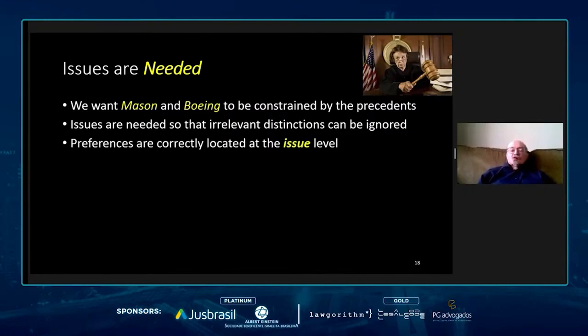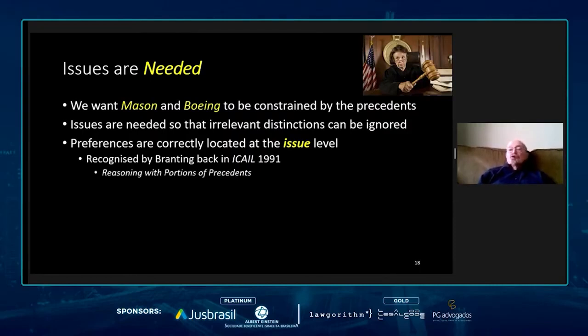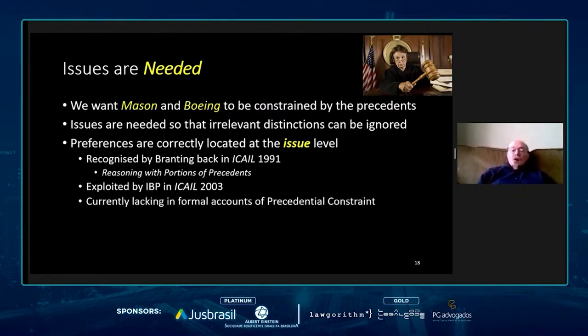Preferences are correctly located at the issue level. And this was recognized by Karl Branting as long ago as 1991, in his paper on the portion perspective. It was exploited by IBP in ICAIL 2003, but it's still currently not exploited in the formal theories of precedential constraint, as represented by Henry Prakken's paper.